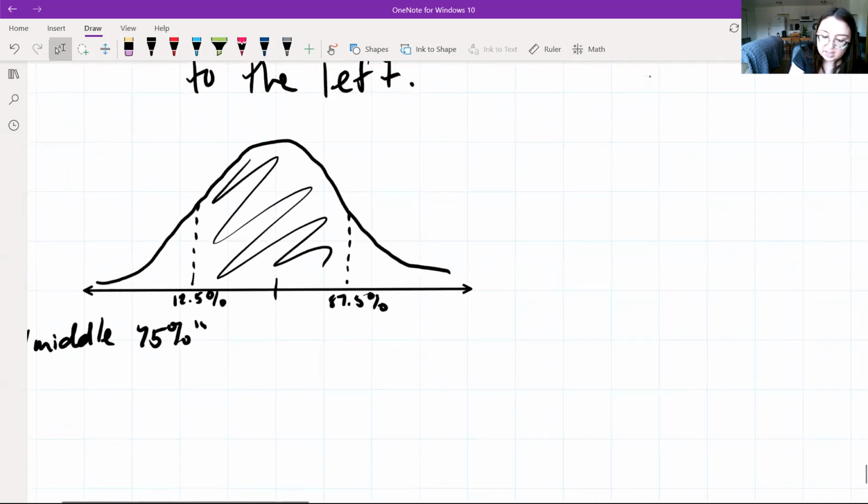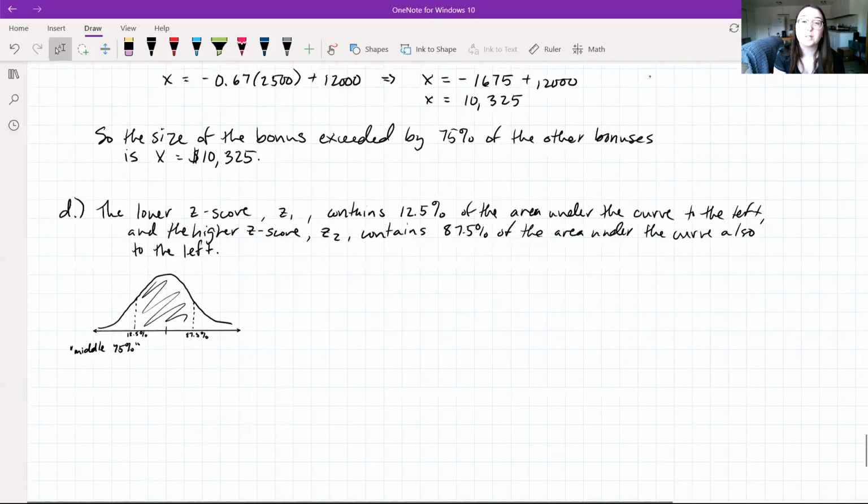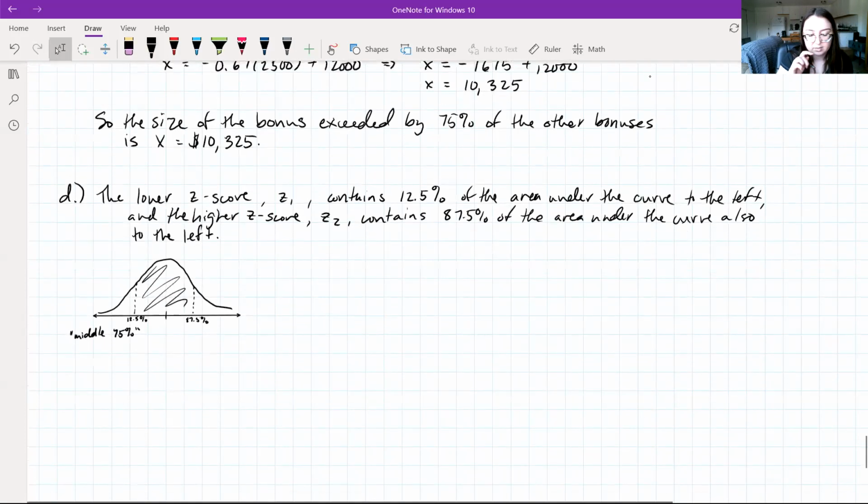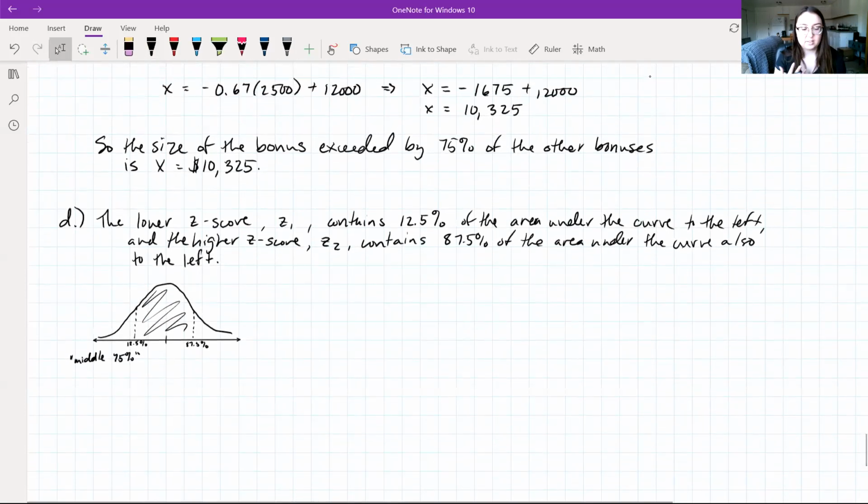We're finding the x values that correspond. So since it was the middle 75%, that means that we have 25% left over, and if we know it's the middle, that means 12.5% on each side.